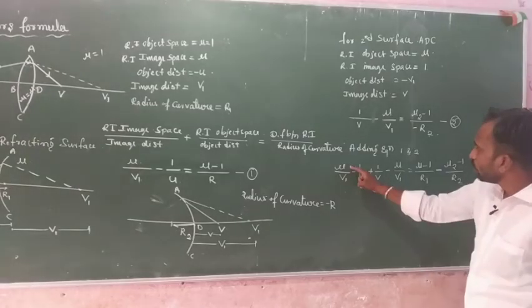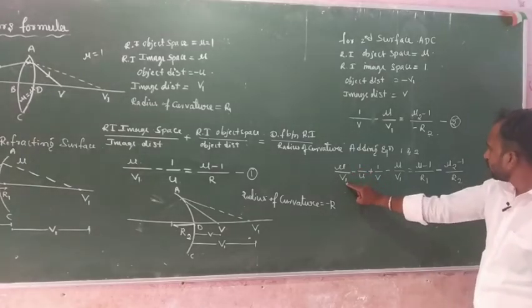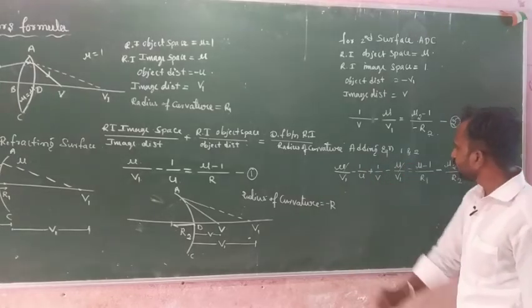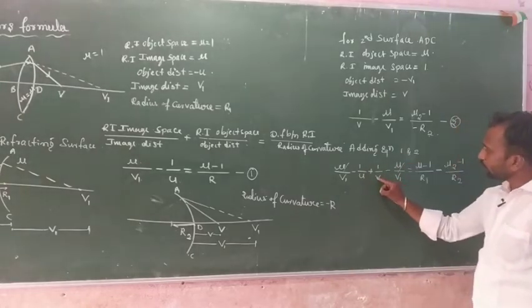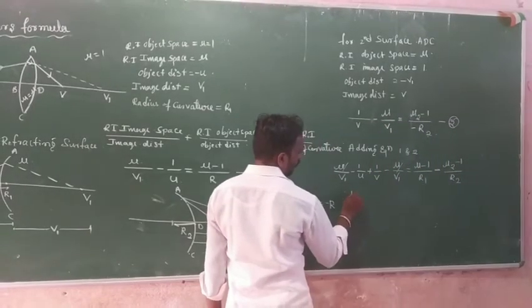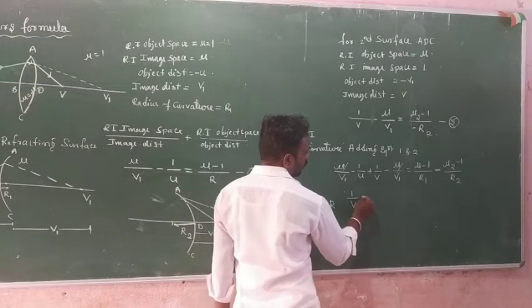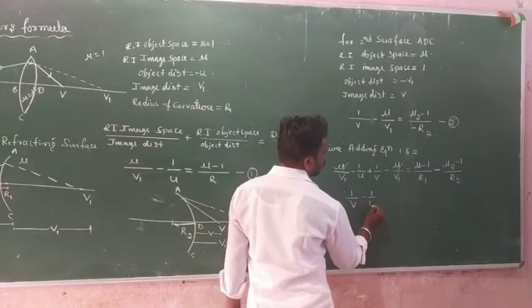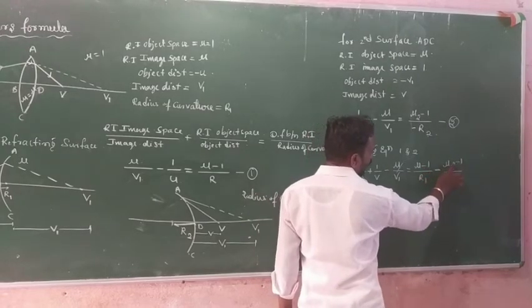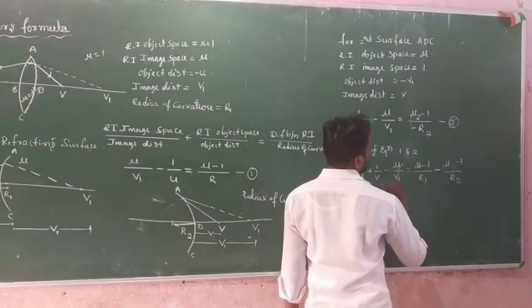Mu divided by v1 minus mu divided by v1 cancel, so finally we get 1 by v minus 1 by u is equal to mu minus 1 and here also mu minus 1.